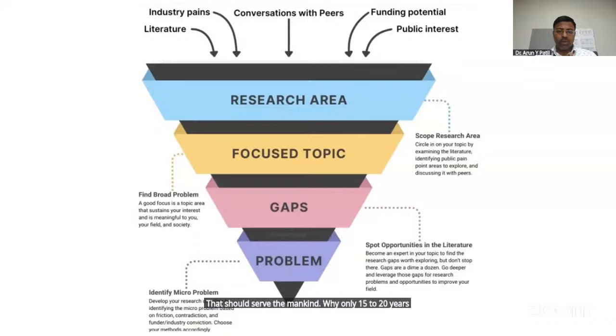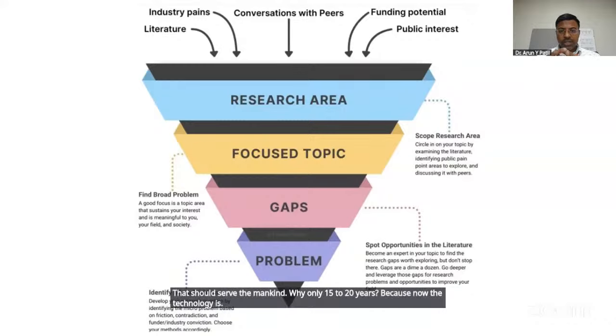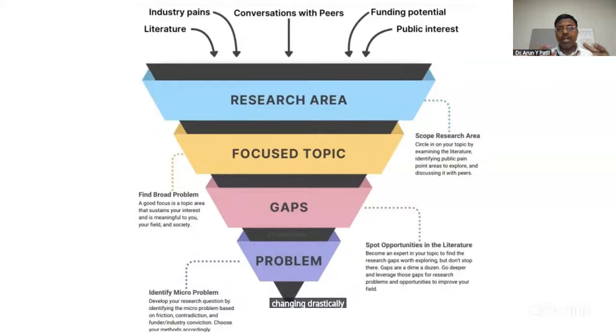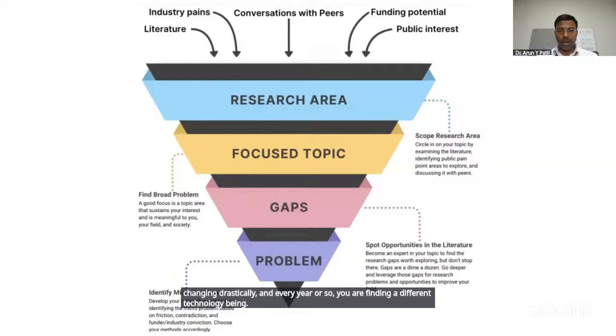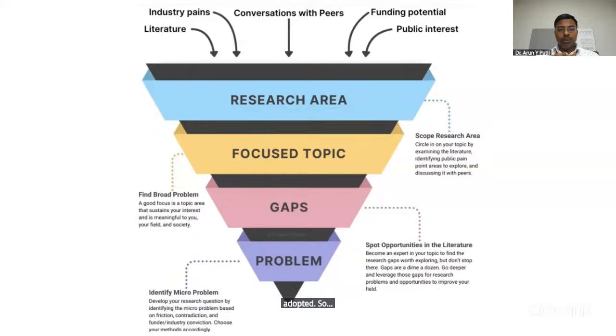Because now technology is changing drastically, and every year or so you are finding a different technology being adopted. If you see the industrial revolution from 1.0 to 4.0, there is a huge transformation. We are in the era wherein AI is playing a pivotal role.